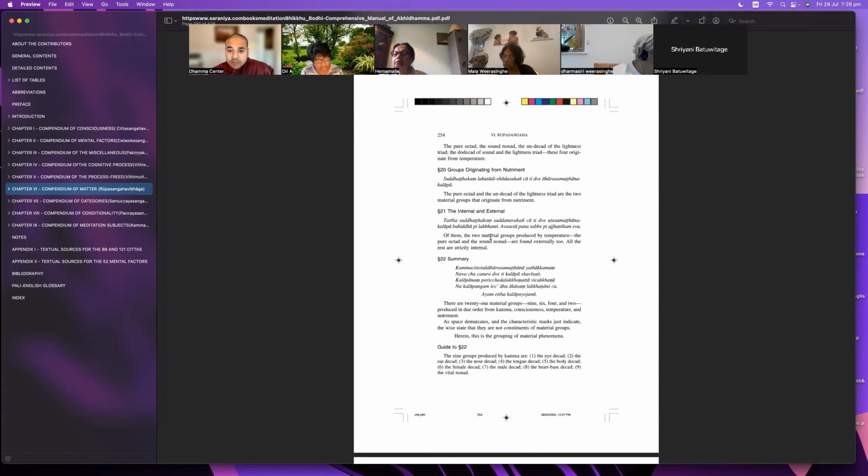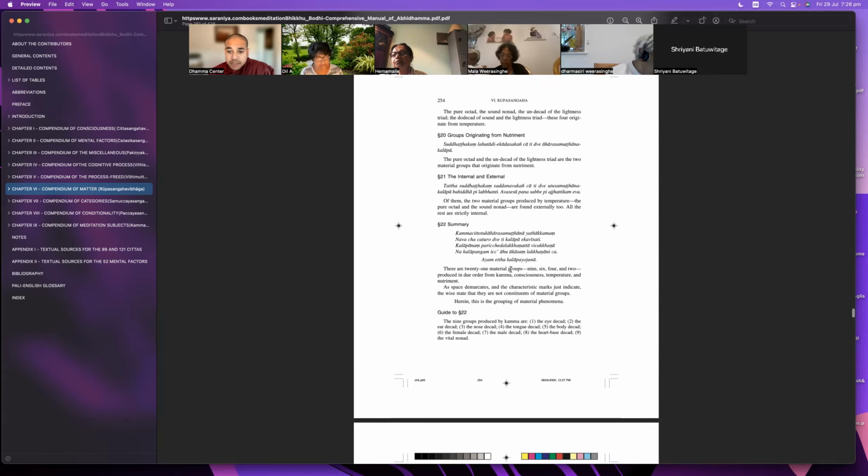Of them, the two material groups produced by temperature, the pure octad and the sound nonad, are found externally too. All the rest are strictly internal. The 21 material groups, 9, 6, 4, 2, are produced in due order from karma, consciousness, temperature and nutriment. Space demarcates, the characteristic marks being intricate and wise states that are not constituents of material groups.